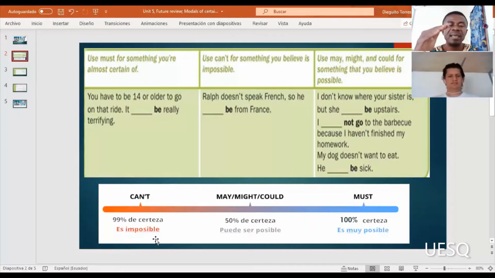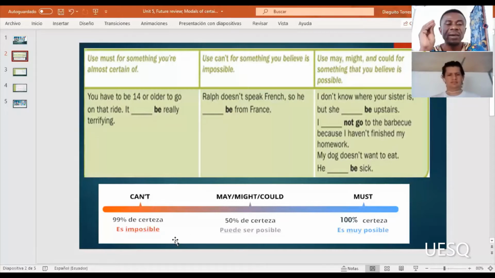Something which is 99% possible, you are very sure. So, for example, I'm 99% sure I would not go to the English class because I am not feeling well. I can't go to the English class because I'm not feeling well.